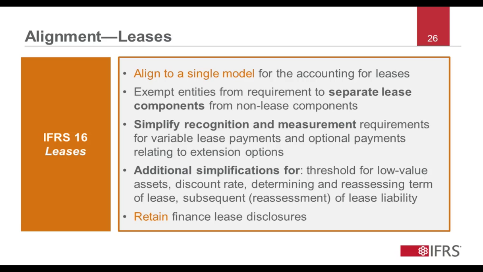Furthermore, we noted that there are some exemptions for low-value assets and short-term leases in IFRS 16 that we would carry forward. And then we looked again whether there were other areas we could simplify. And the two simplifications that we considered were the discount rate. So we felt that if an entity couldn't determine the interest rate implicit in the lease or its incremental borrowing rate, then maybe it could use a discount rate by reference to high quality bonds.